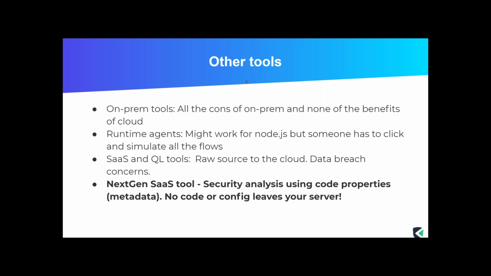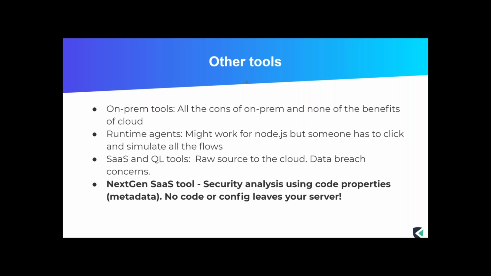So this is the idea our chief scientist Fabian started exploring 10 years ago. When he was a professor at a university, he came up with what is called the code property graph, CPG, which is a superior form of the AST, CFG, and all the other representations of source code.